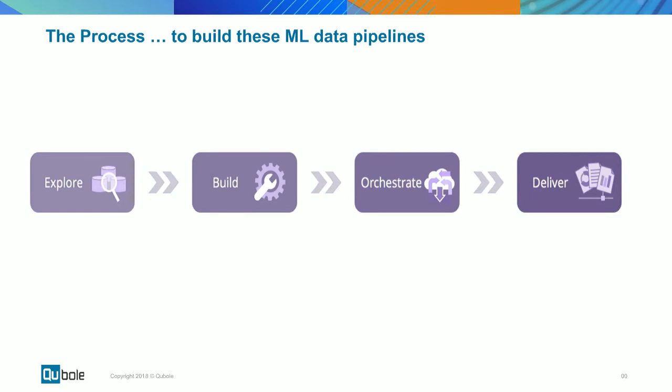And these pipelines start with the data exploration phase, then building the data pipelines. Once the pipelines have been built, data engineers orchestrate them, which is the process of scheduling and automating their operation. And finally, these pipelines deliver data sets for analytics and machine learning models.